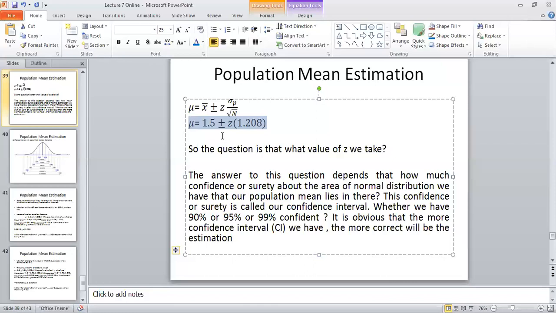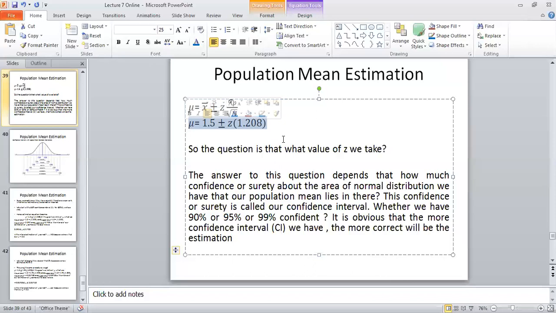Please note that the only thing we have available is the x bar, or the sample mean. If I say that the population mean is around 90% area of the sample mean value, then that corresponding z value would be used over here.